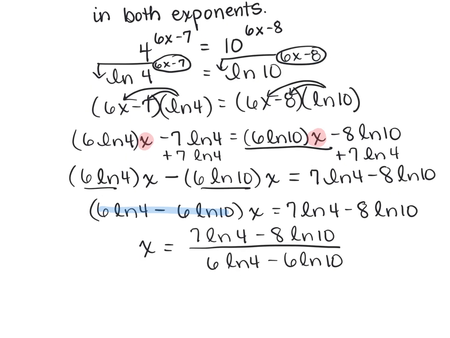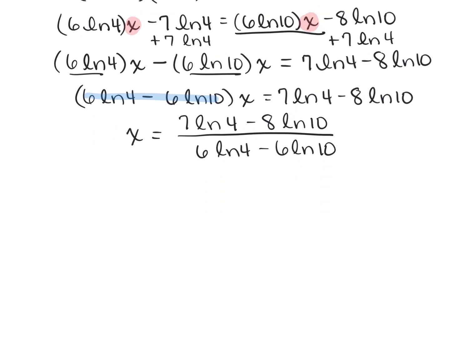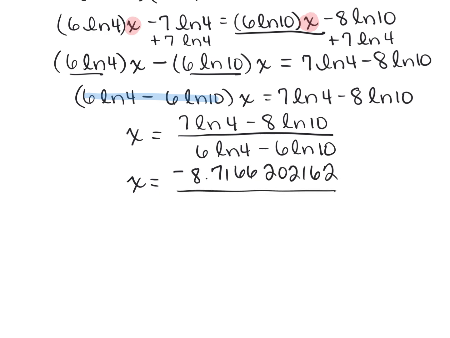And then, again, you all probably already have the decimal approximation, so let's make sure that we match on this. So in the top, I have negative 8.7166202162. And in the bottom, I have negative 5.4977443913.